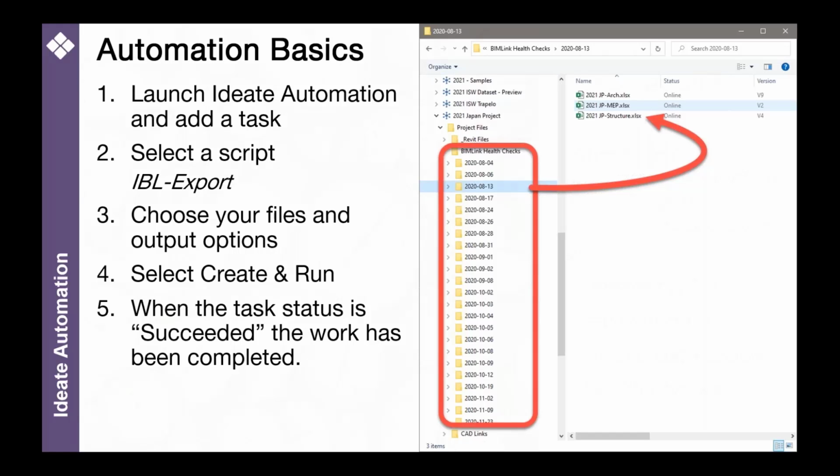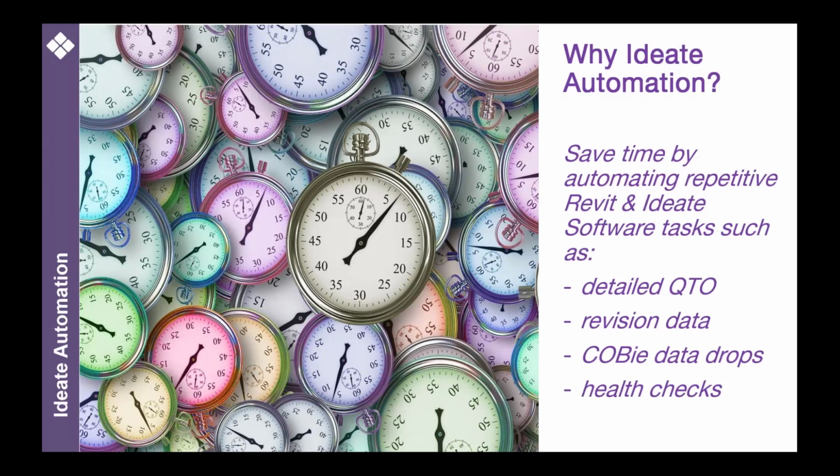And this is just to remind me, these are just some of the original ways that our customers have told us that they want to use automation. If you want to do detailed quantity takeoffs, you can run those in the background. If you need to export revision sheet issuance records and you don't want to sit there and open up all the files, that's something you can have running in the background as a process.